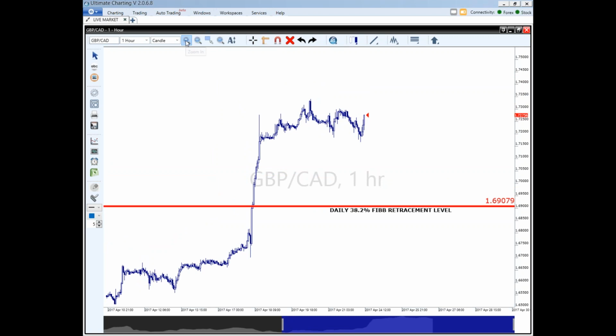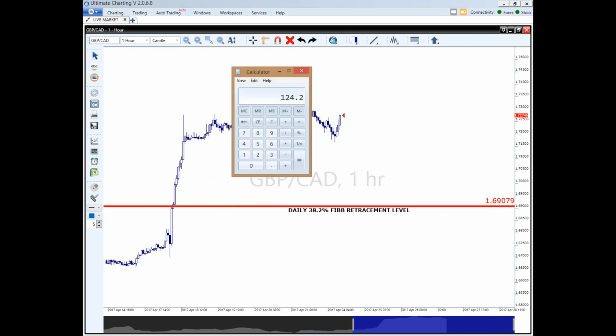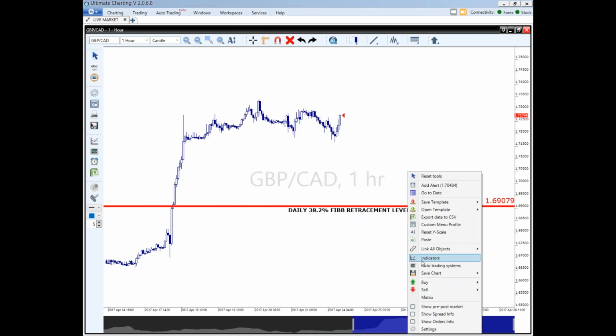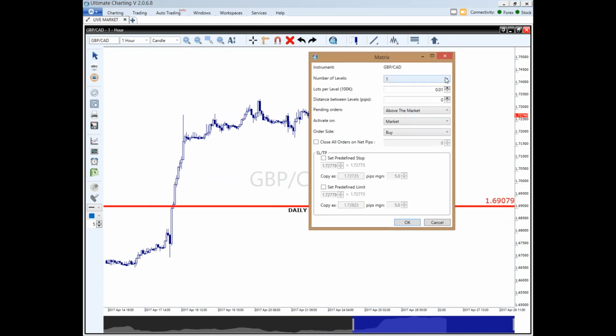So as we do this, let's take our matrix. Wait a minute, what was the first thing? 124. Okay, let's take our matrix. And in our matrix, we're going to go ahead and put multiple levels. Let's put one distance between the levels, 124. And then above or below the market, we can put to get sized in above and below.